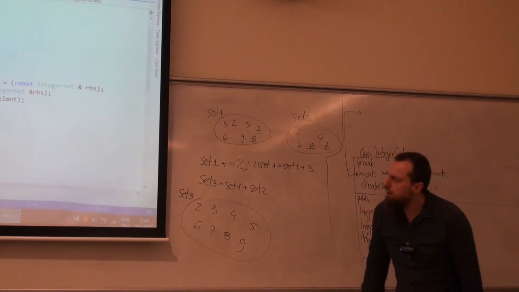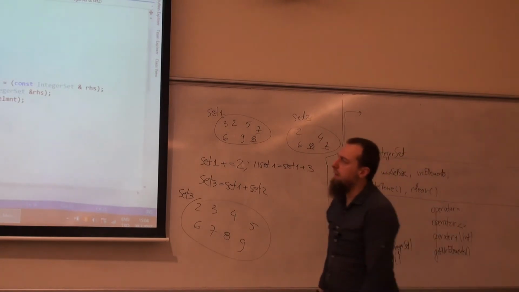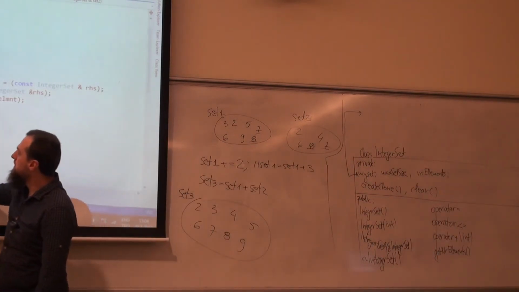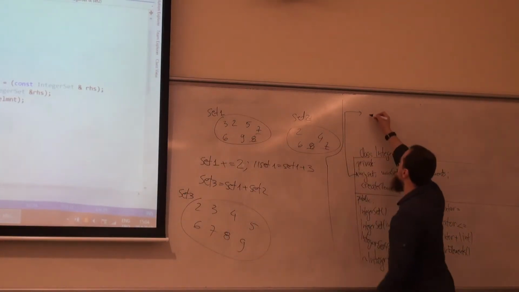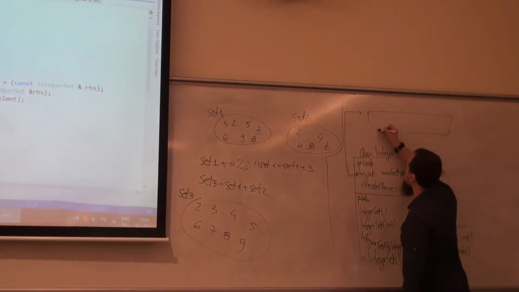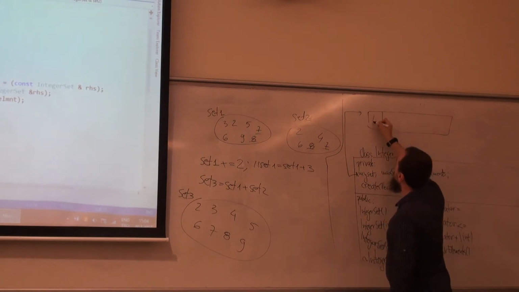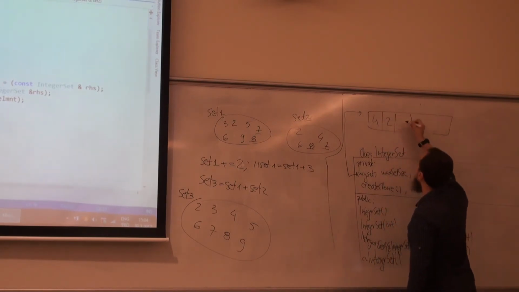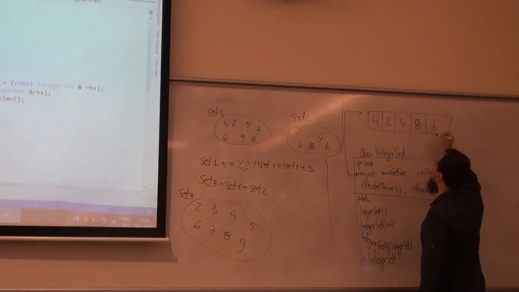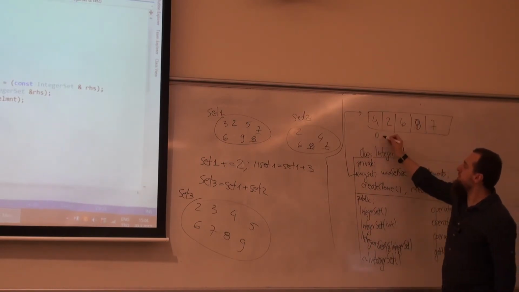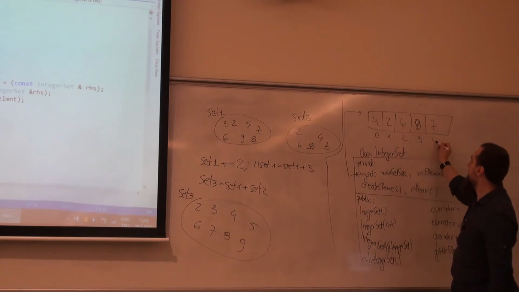Get what? Get element. So what I'm doing here, I'm going to keep those elements here in an array, which is not sorted. So I have 4 here, 2 here, 6, 8, and 7. Okay? We have indexes 0, 1, 2, 3, 4.